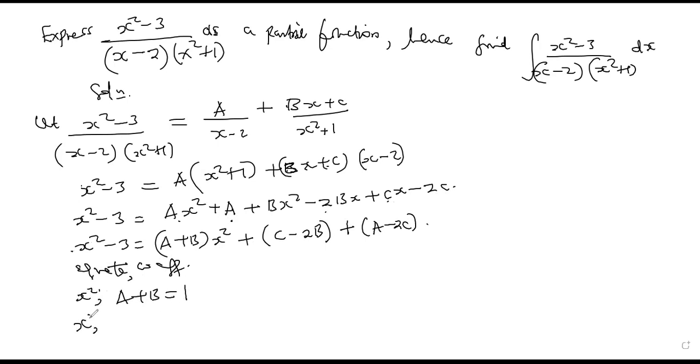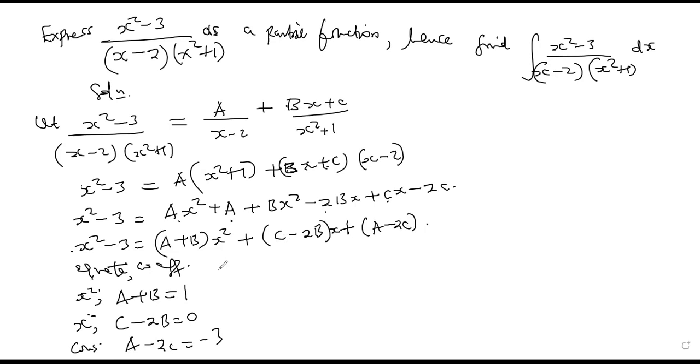For x, the coefficient is c minus 2b, equaling this side, which is 0. We don't have any coefficient of x, so it is 0. Then for constants, you have a minus 2c, and this side you have negative 3.